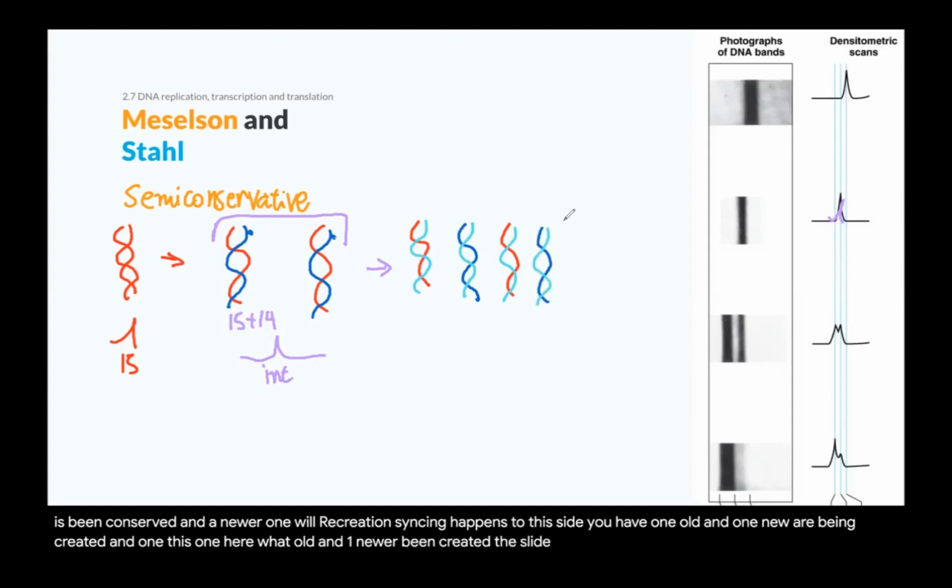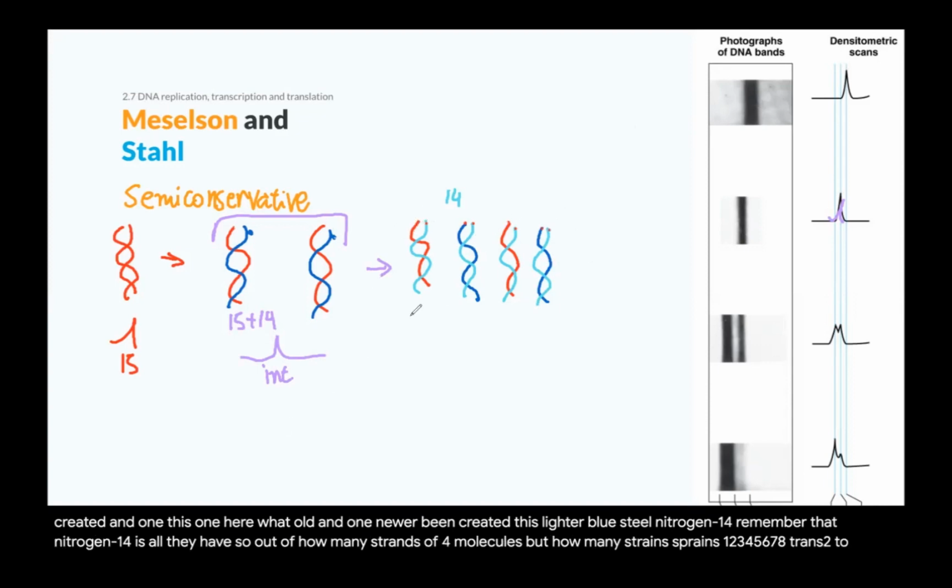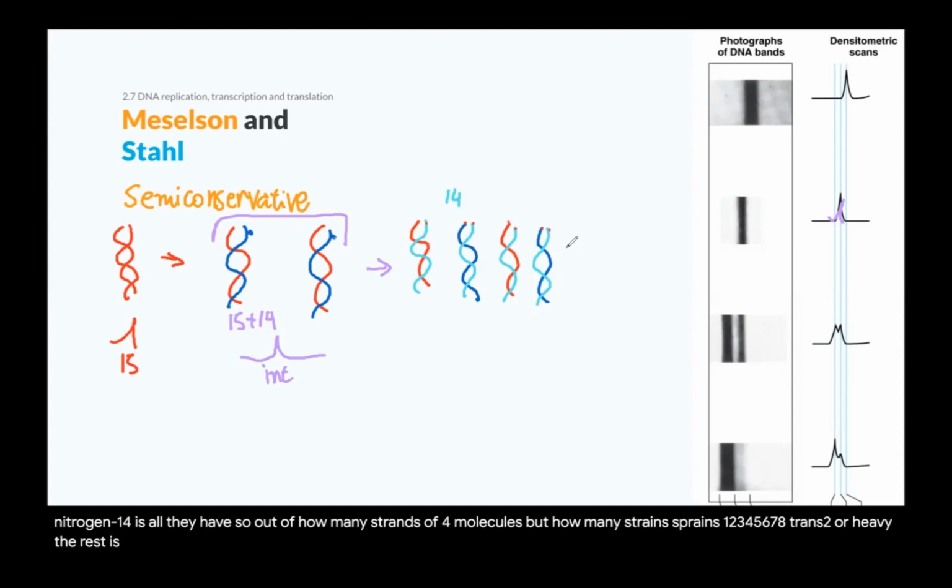This lighter blue is still nitrogen 14. Remember that nitrogen 14 is all they have. So out of how many strands? So we have 4 molecules, but how many strands? 8 strands, right? We'll have 1, 2, 3, 4, 5, 6, 7, 8. Out of these 8 strands, 2 are heavy, the rest is light. Out of these molecules here, you have 2 that are still intermediate.